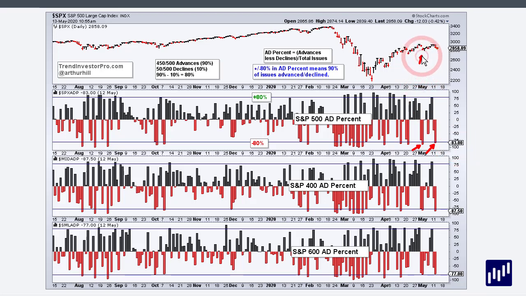So you can see on that decline that we had last week, we had a minus 80% down day. We got a bounce, and then we had a minus 80% down day on Tuesday. And in between, we couldn't make it above 80%. So that tells me that buying pressure is waning and selling pressure is starting to pick up within the S&P 500. And I think the S&P 500 is the one to watch.